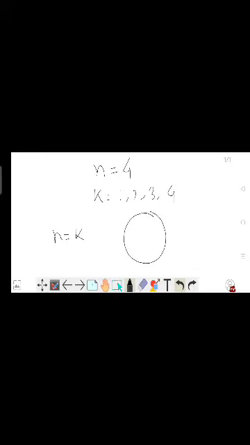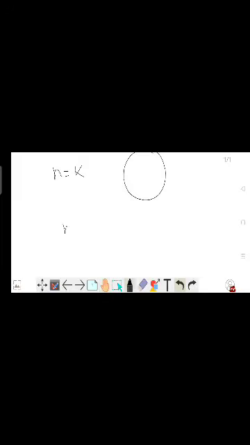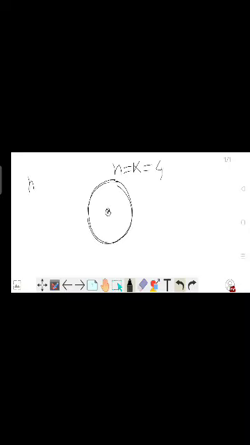But when the n value is greater than the k value, the shape of the orbit is elliptical. And with decreasing k value, the length of the semi-major axis will increase. So there are many types of orbits for n equal to 4, and for the circular orbit n equals k, with the nucleus at the center, that is k equal to 4 for n equal to 4.